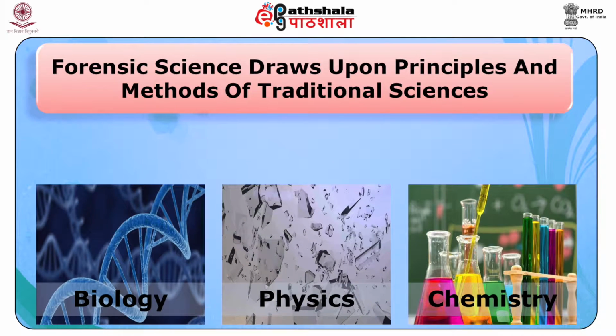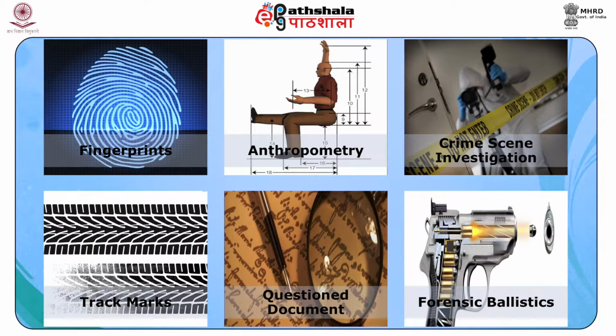Forensic science draws upon the principles and methods of all the traditional sciences, such as biology, physics, and chemistry. But in the last few years, it has developed its own branches like fingerprints, anthropometry, crime scene investigation, tool marks, questioned document examination, and forensic ballistics.